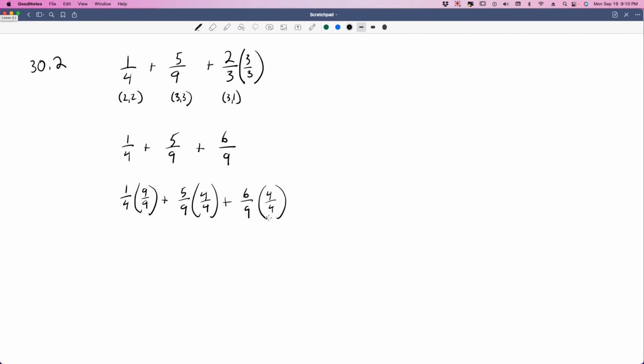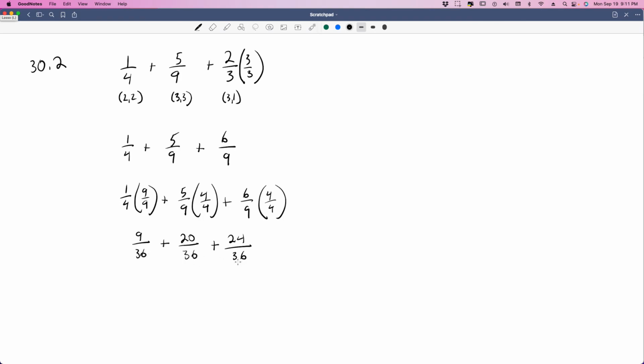So now I can multiply and I can rewrite it. So 1 times 9 is 9 and 4 times 9 is 36 plus 5 times 4 is 20, 9 times 4 is 36 plus 6 times 4 is 24, 9 times 4 is 36.